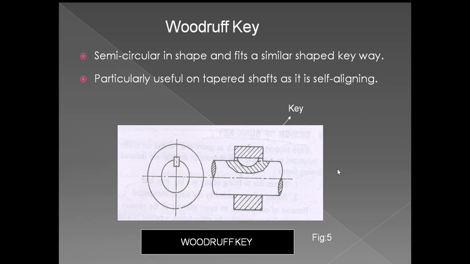So next one is the Woodruff key. It is semicircular in shape and fits a similarly shaped keyway. It is an easily adjustable key, particularly useful on tapered shafts as it is self-aligning.